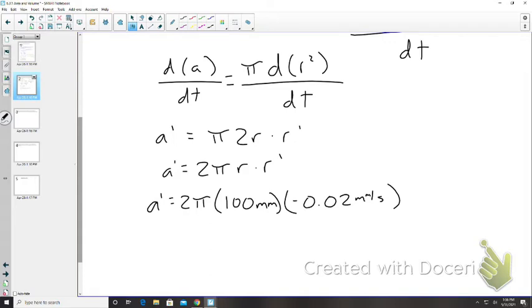Okay, so punch those in. 2 times 100 is 200, multiplied by 0.02, which is 4. And that's a negative, so A prime is equal to negative 4 pi millimeters squared per second.